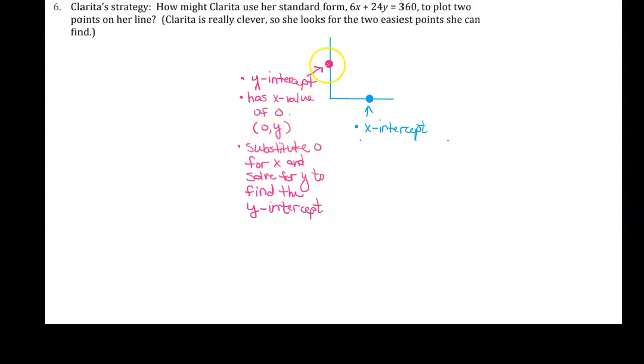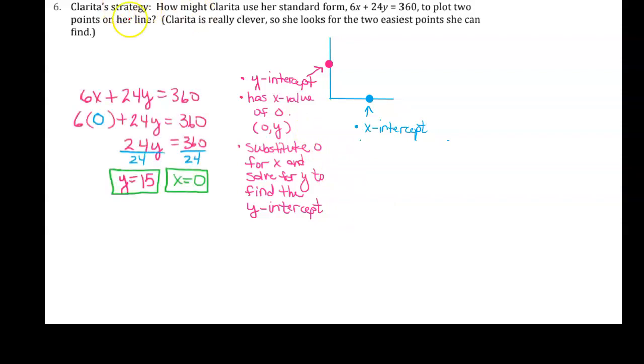We're going up on y, but we're not moving anywhere on x. So our x value is 0 for this point and for all points located on our y-axis. If we substitute 0 for x and solve for y to find the y-intercept, we can use that to help us create our line.